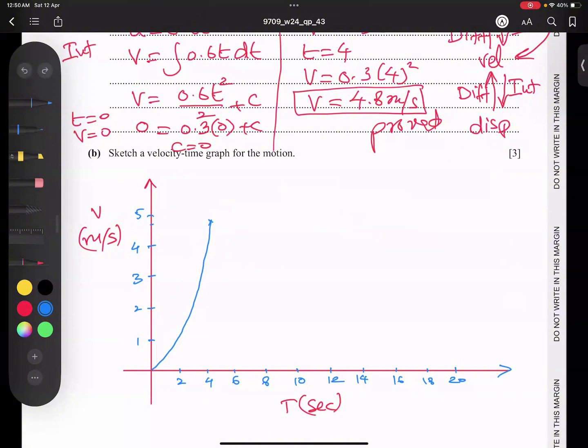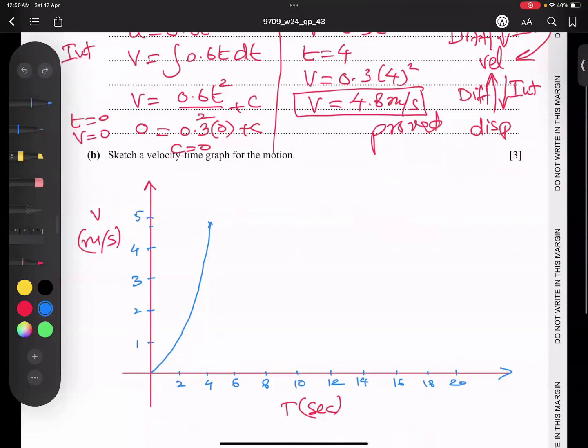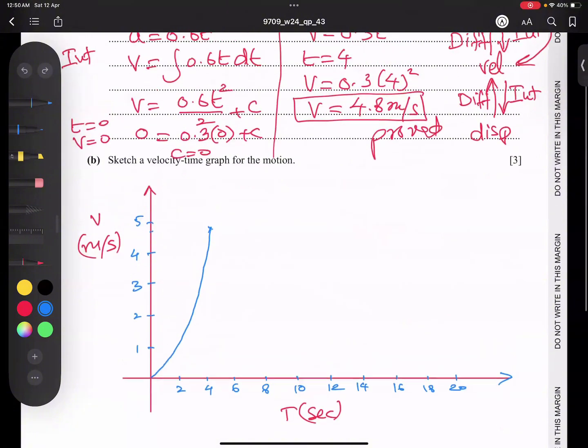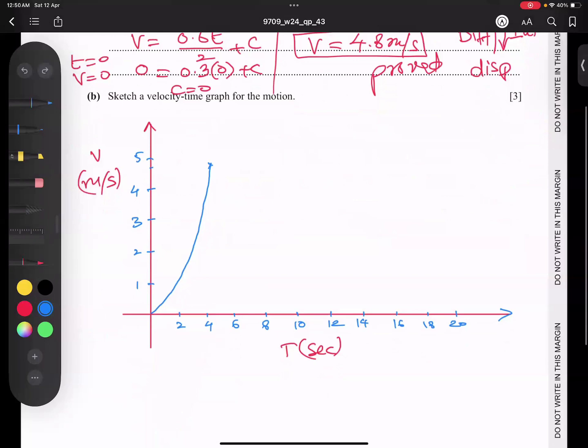It is decelerating, so this is not the right choice. This is accelerating. How do I know that? I explain again. When I plug in t equals 1, 2, 3, 4, the value is rising, and the gradient in a velocity-time graph represents acceleration.